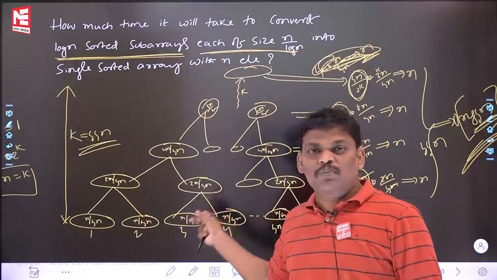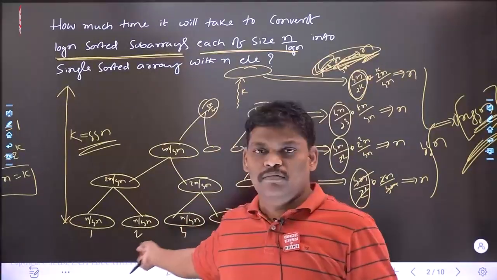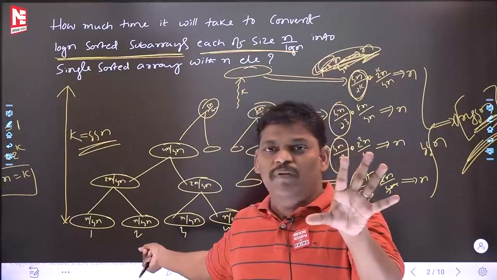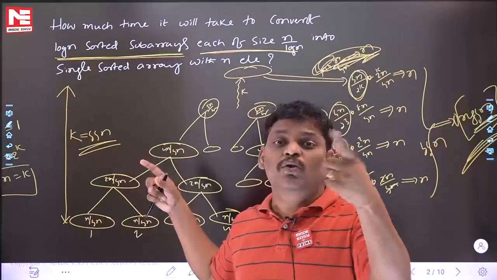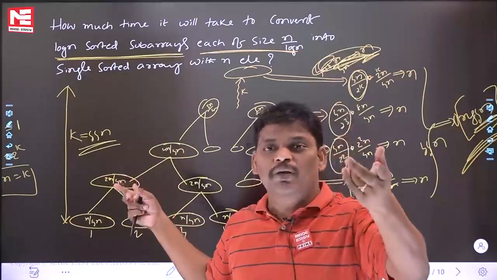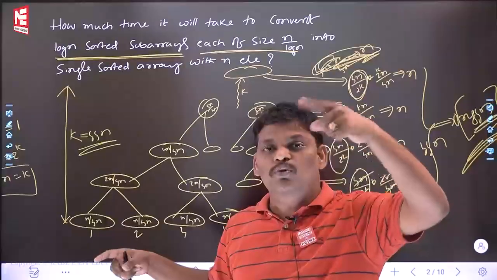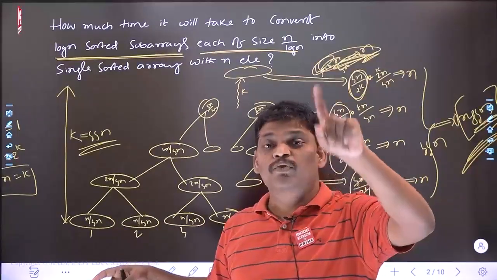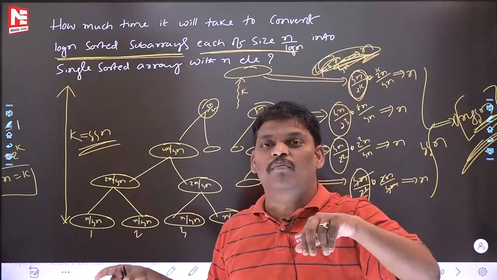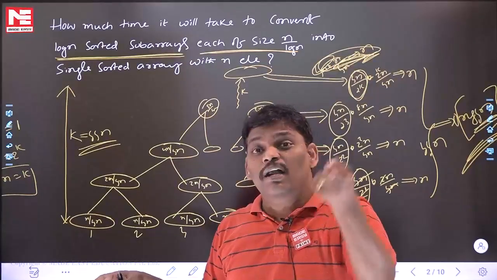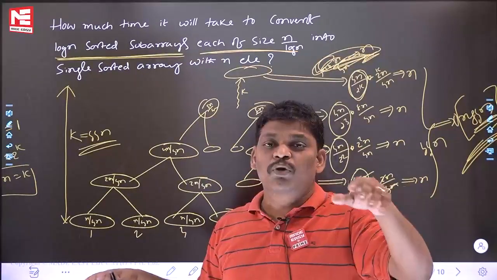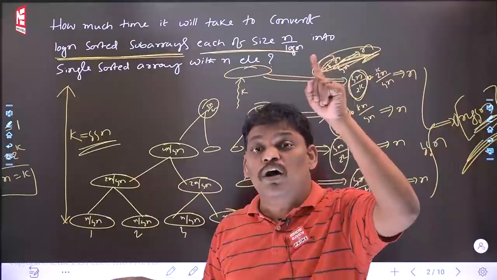In this diagram, if you observe, are you dividing by 2 or not? Yes, you are dividing by 2. If you always divide n by 2, log n will come. If you divide a always by 2, log a.